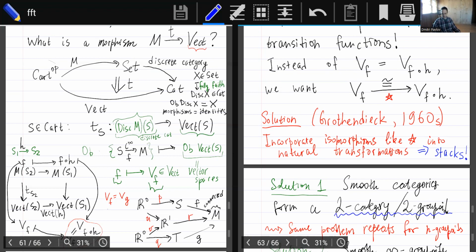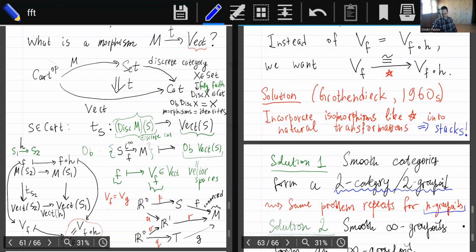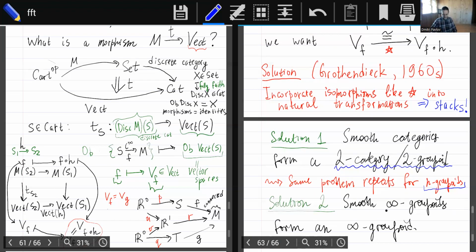So instead of trying to endlessly chase through the whole hierarchy of n-groupoids, we might as well say, let's go immediately to the last step, all the way to infinity. And when we go all the way to infinity, a miracle happens: infinity groupoids, which we will discuss in more detail a bit later, themselves form an infinity groupoid.